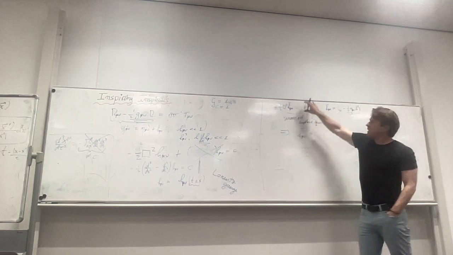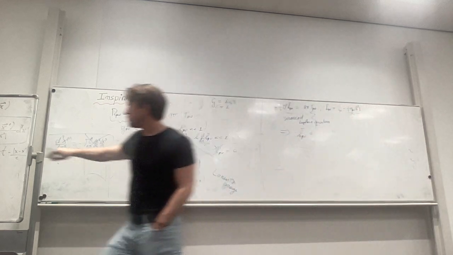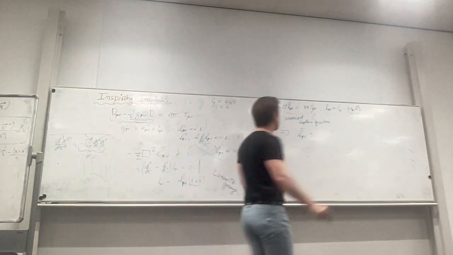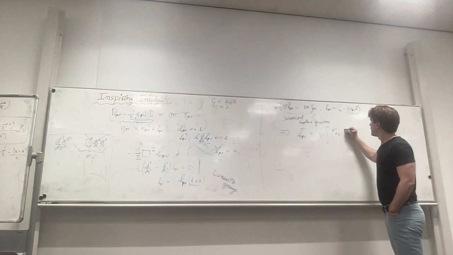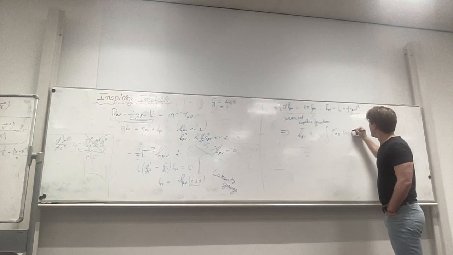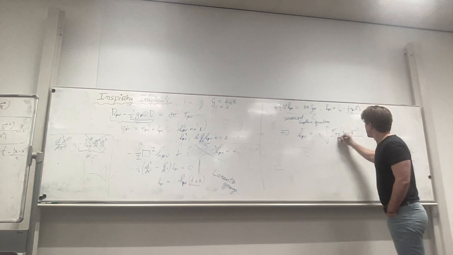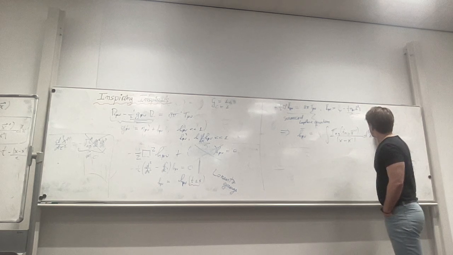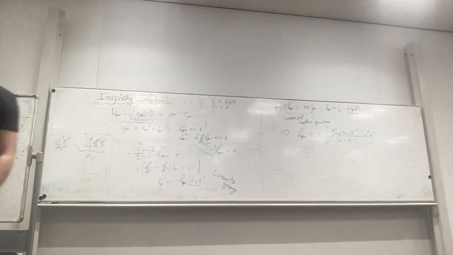This goes to the other side, gives me minus 16 pi, but this is going to cancel the minus 1 over 4 pi. I'm going to get that's my solution, the general solution to this equation.